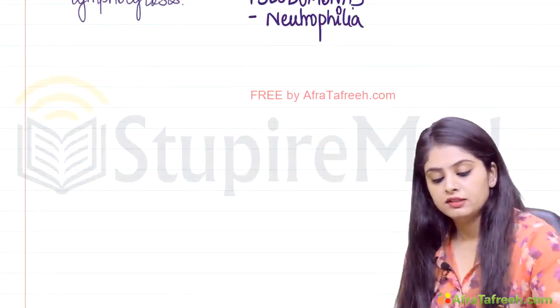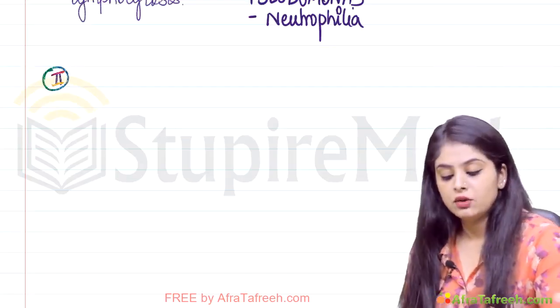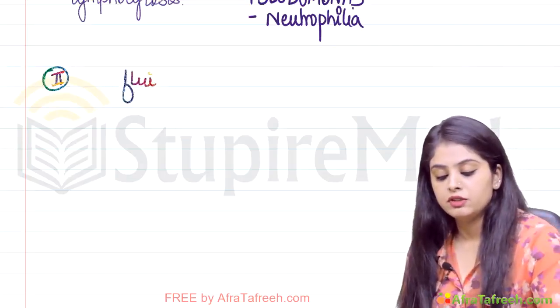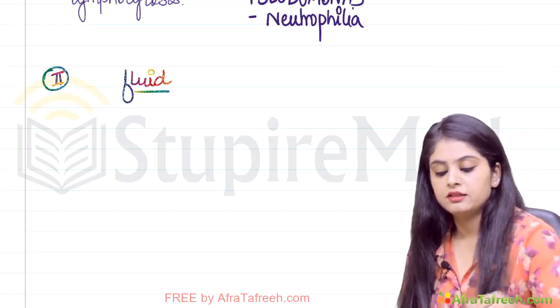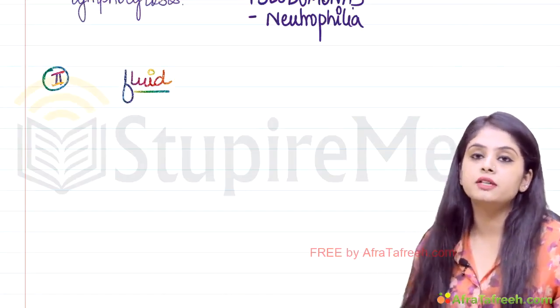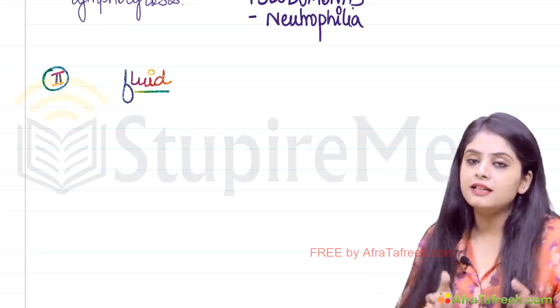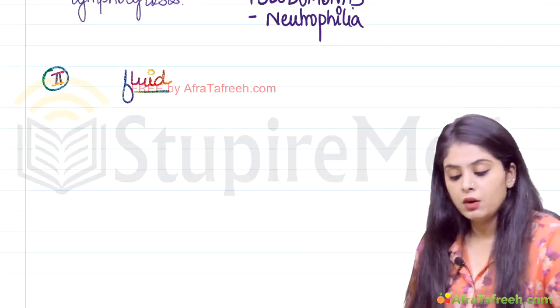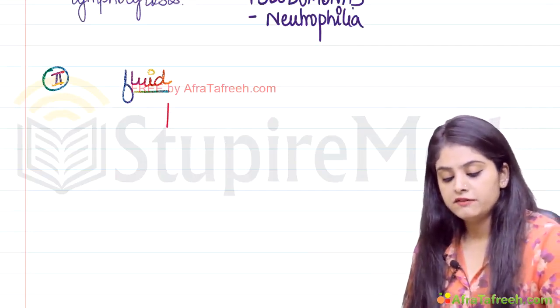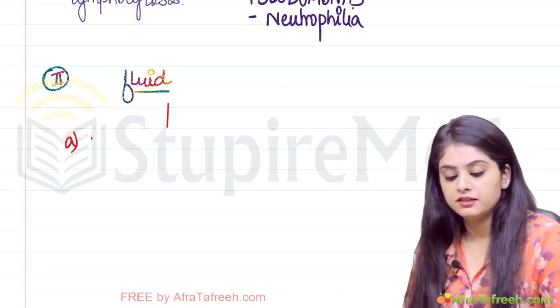Now, what is the second way of categorizing inflammation? That is on the basis of the type of the fluid that is secreted. Every inflammation will secrete a certain fluid. The nature of that fluid will be our basis for the next classification. Now, what is the fluid? The one that we have in this category is serous inflammation.